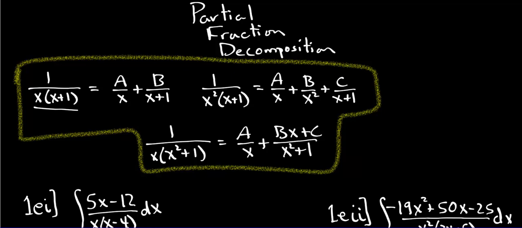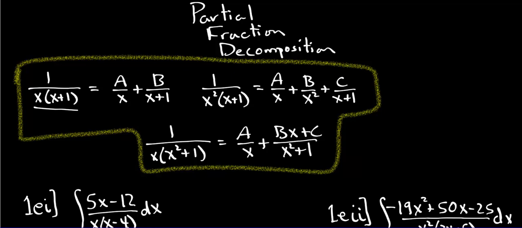So if the top has a bigger power than the bottom, you need to divide and get a quotient. Now, if we have this one where one of the factors is not linear, it's x squared, it's a over x plus b over x squared. Now, if this were x cubed, you'd have to have plus c over x cubed. You build up to it because you're making allowance for the fact that there could be anything.